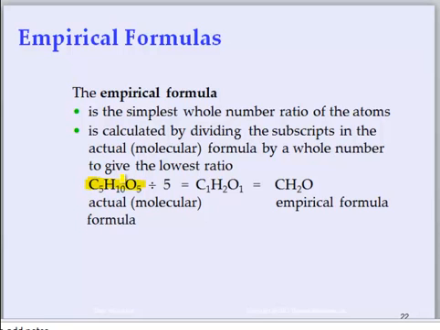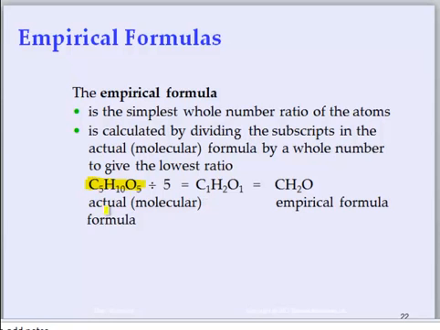So we've got a molecule that is C5H10O5, and we want to see what would be the actual ratio of each atom in there. So you would take the simplest whole number of the atoms you have. Notice you have 5, 10, and 5.